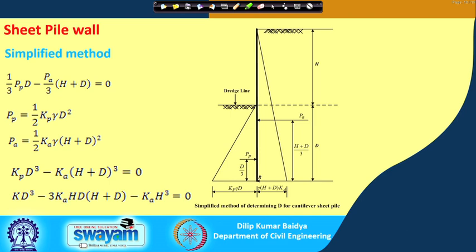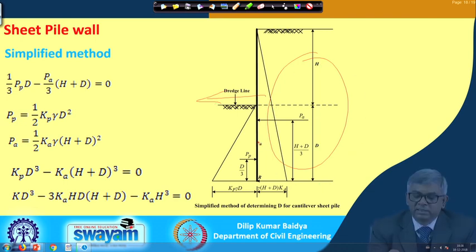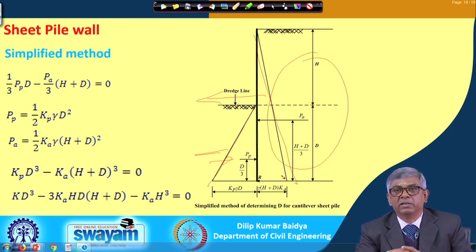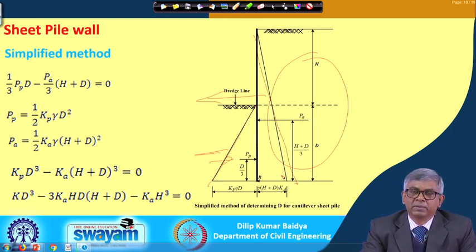But there is another, simplified method, where we will not take all those complications. Since the soil on this side is retained, I will consider that the wall has a tendency to move this side. So, this side I will consider active, and since the wall is pushing this side, I will consider this side passive, entirely passive, and this is entirely active.